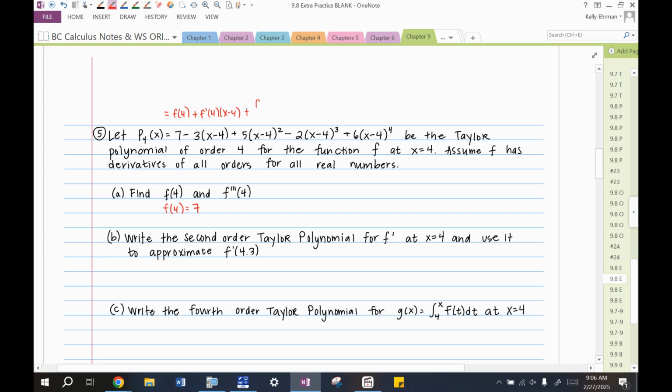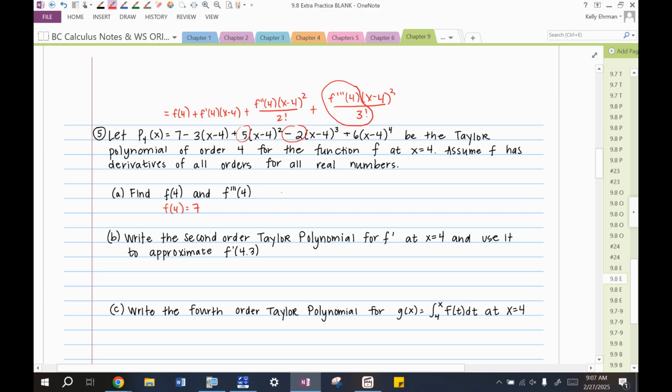And then the next line is f double prime of 4 times x minus 4 squared over 2 factorial. And so f double prime of 4 over 2 factorial came out to 5. And then same here, f triple prime at 4 times x minus 4 to the third over 3 factorial. F triple prime of 4 over 3 factorial comes out to negative 2.